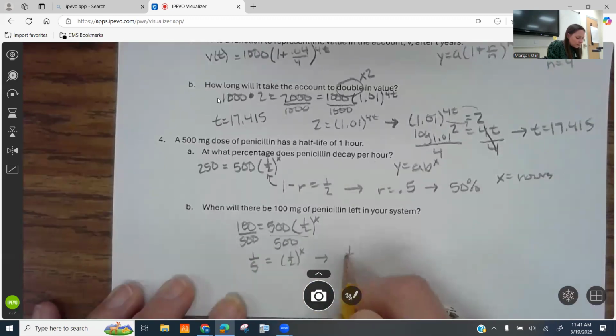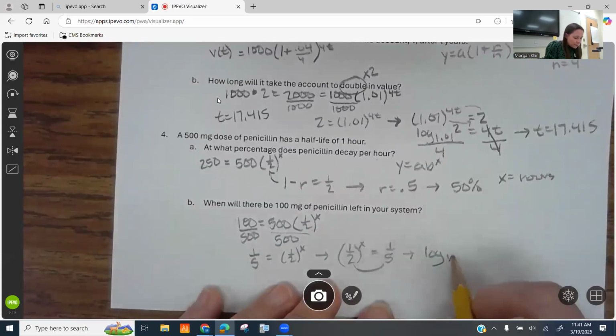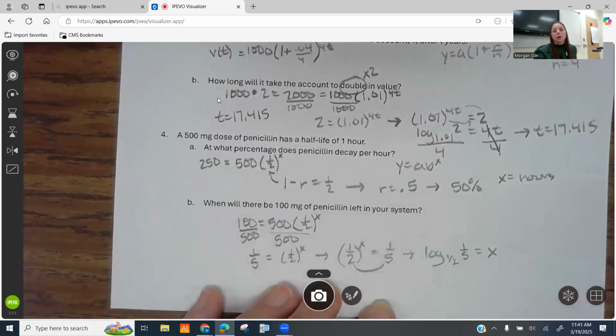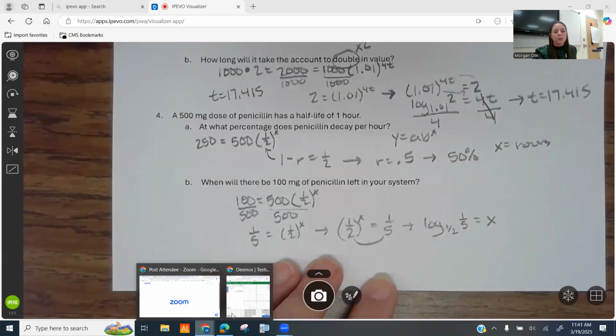I'm going to flip this around, the exponential on this side, and it's going to be log base 1/2 of 1/5 equals x. So no matter if you graphed it and found the intersection, you can also write it in terms of log.